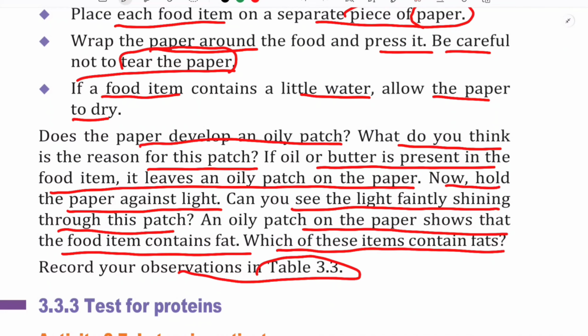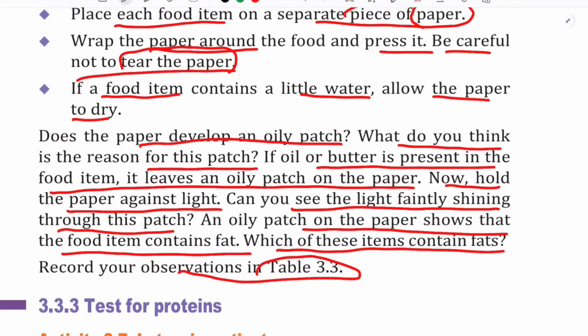See, in case of peanut and coconut, there will be oily patches because there is a presence of fat. And oil, ghee, butter, even without testing we can say that there is fat. For example, whenever your parents bring you some eatables from outside, like a samosa, they are usually wrapped in a paper bag, isn't it?